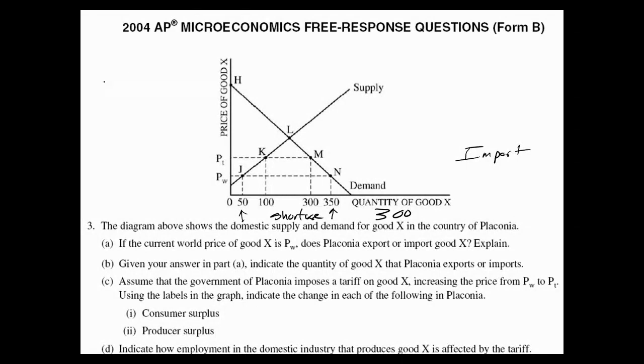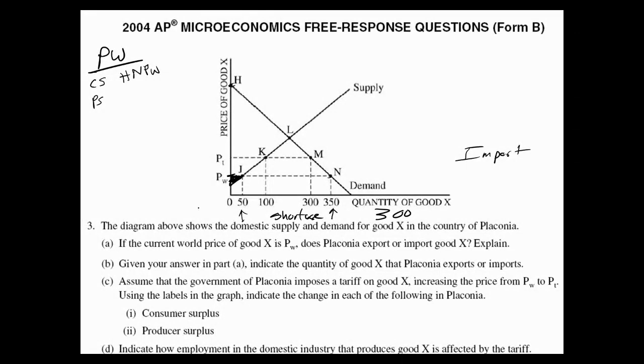Well, when we were at the world price PW, consumer surplus went from H to N to PW, all the way from here to here. That was the size. So consumer surplus at PW was the triangle of H, N and PW. And the producer surplus was just this little area, there's no letters here, but I'll shade that in.